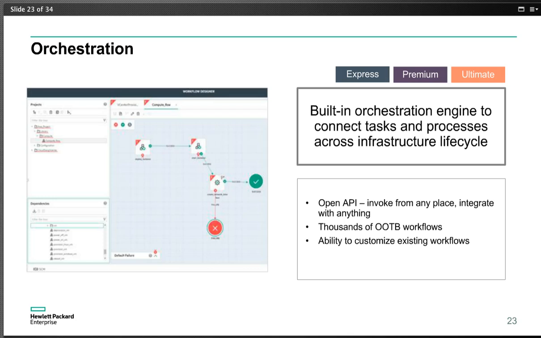The goal is to bring those orchestration capabilities within the context of the environment that is managed by the DCA solution, by way of this orchestrator.